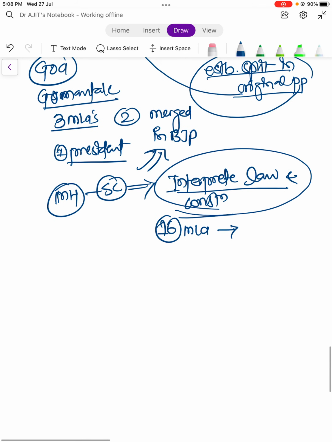So this should be decided before coming to any conclusion, and that's why the Supreme Court has asked for a constitutional bench, right? Got it?